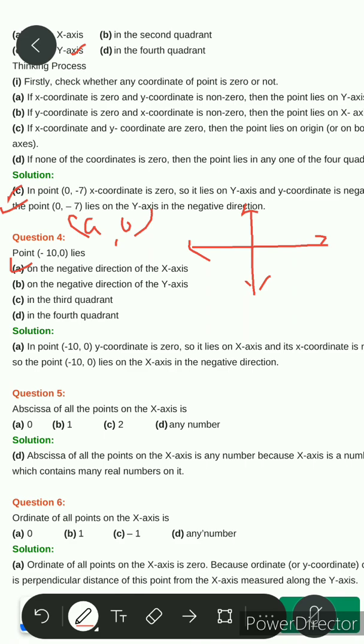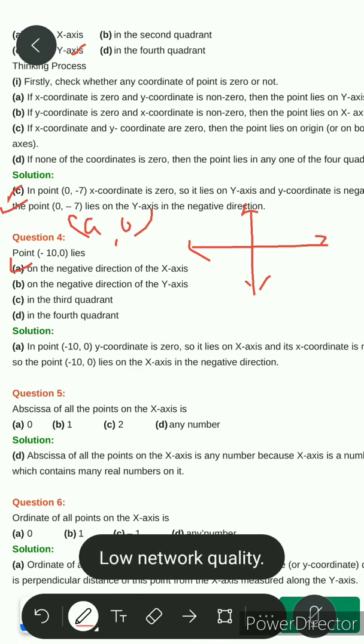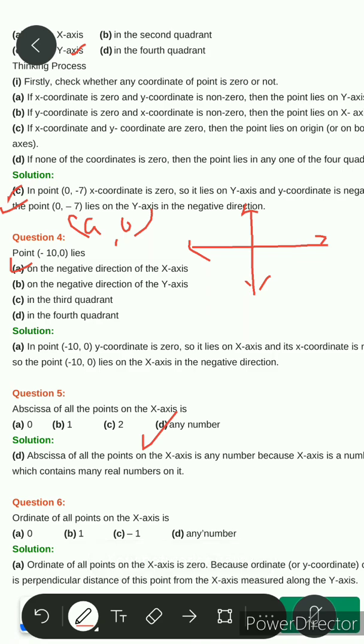So the abscissa of all points on the x-axis, the correct answer is D, any number. Ordinate of all points on the x-axis is clearly 0.